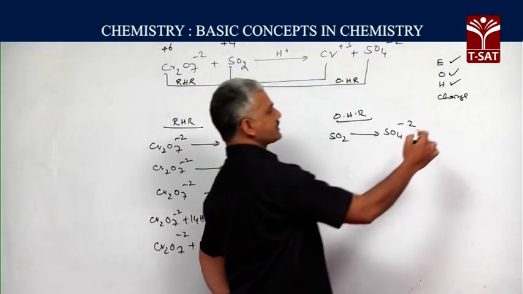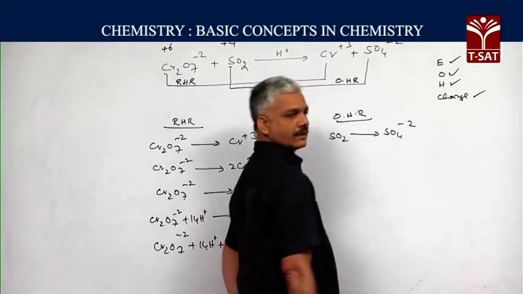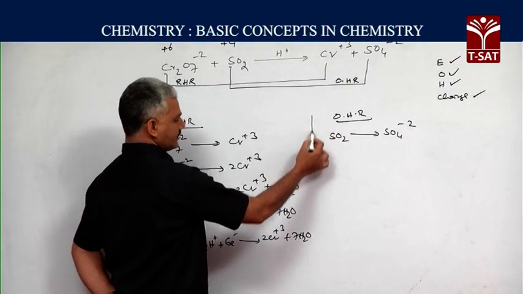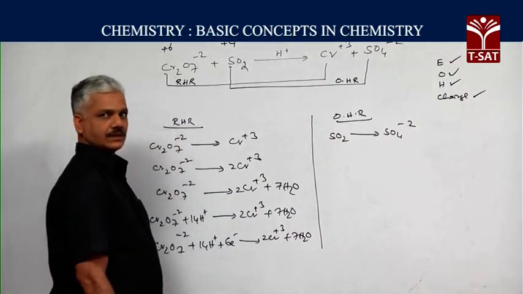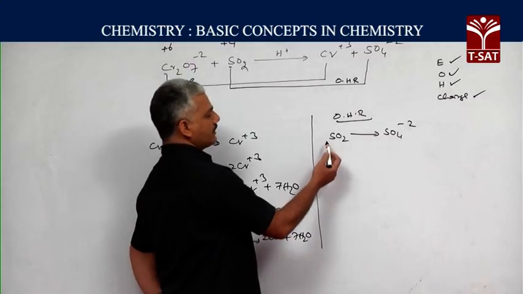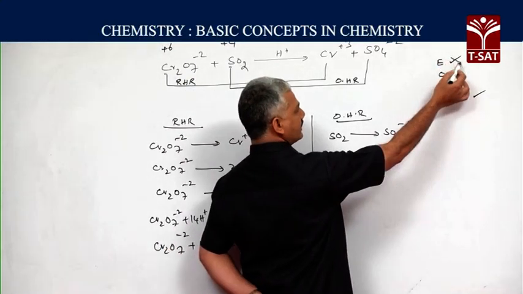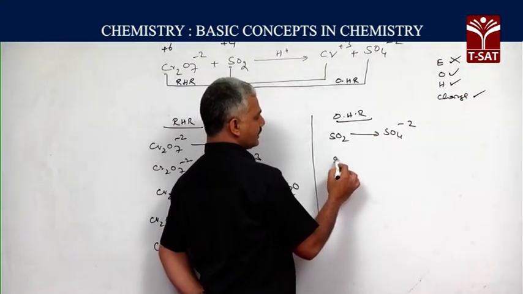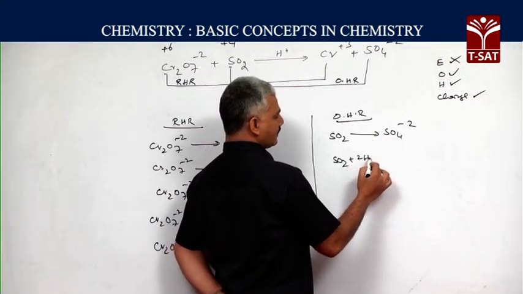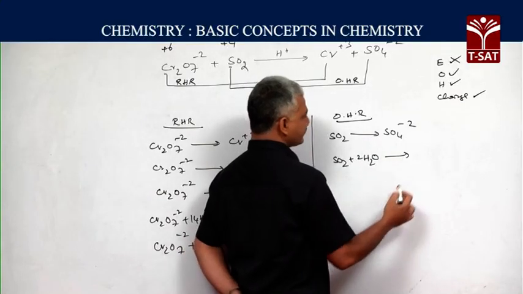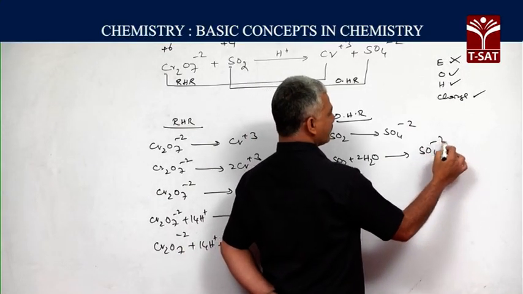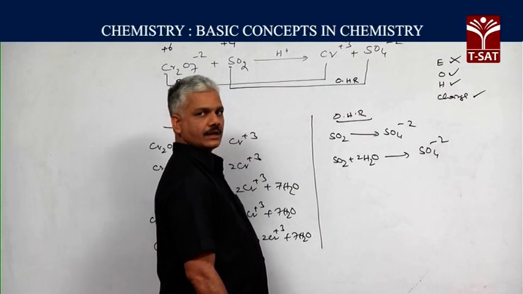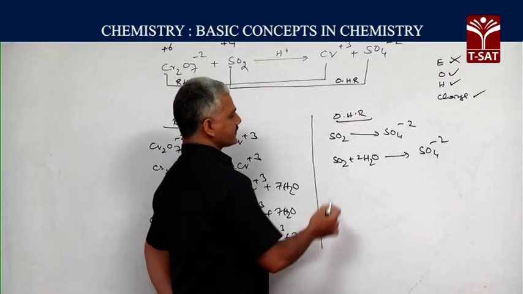Now, charge is balanced. Apply the same procedure for the second half reaction also. The element is sulfur, which is already balanced. Coming to balancing of oxygen, the reactant side is deficient by 2 oxygens. So, it is balanced by adding 2 water molecules.